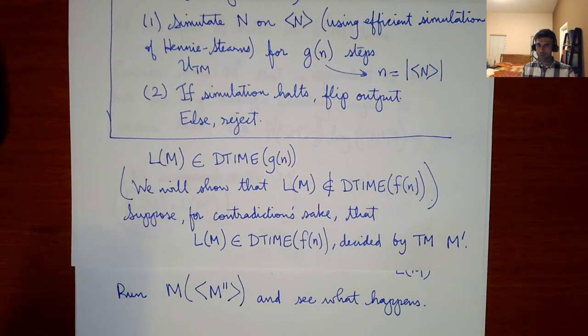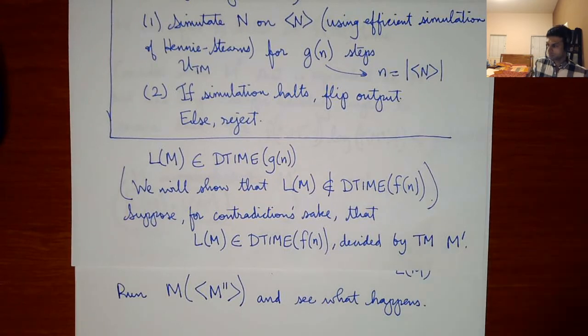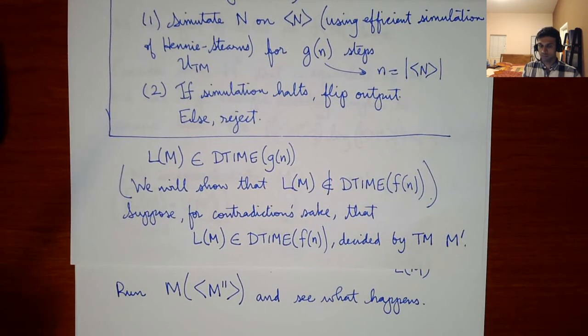First question: will the simulation halt? M double prime runs in f of n log n steps.